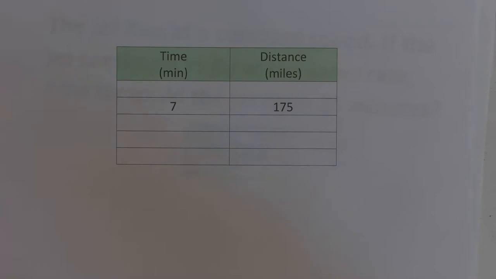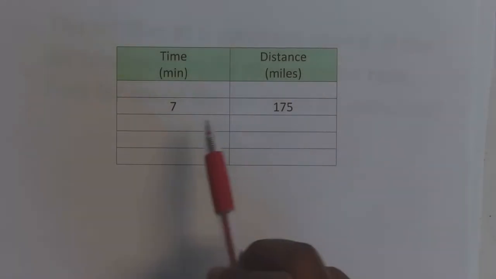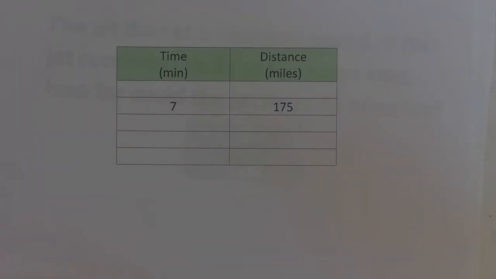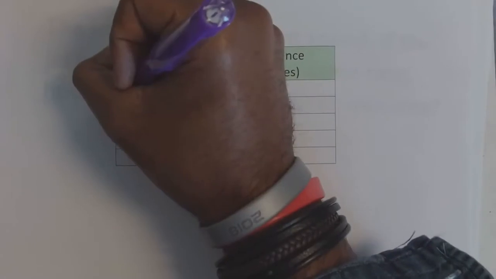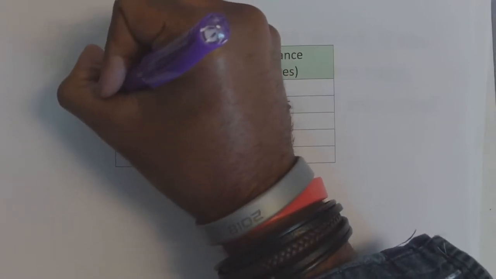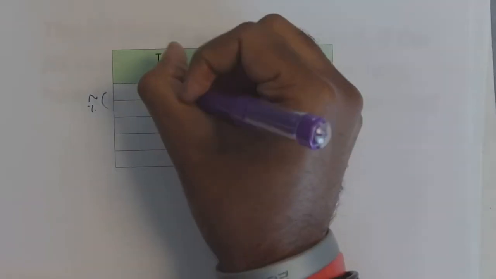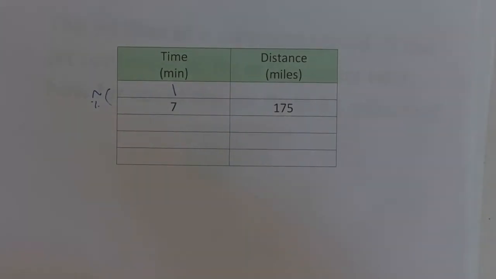So what I did was I started filling in what I knew, the rate that was given to us, 175 miles in 7 minutes. How can we find the unit rate in this problem? You're right, we can divide both 7 and 175 by the given rate of 7 to give us that 1 minute. So I'm going to divide this by 7 to give me 1 minute, which is what I need for my unit rate.